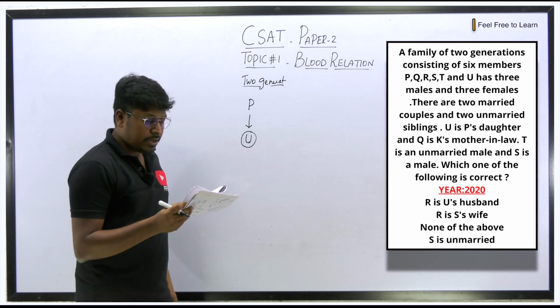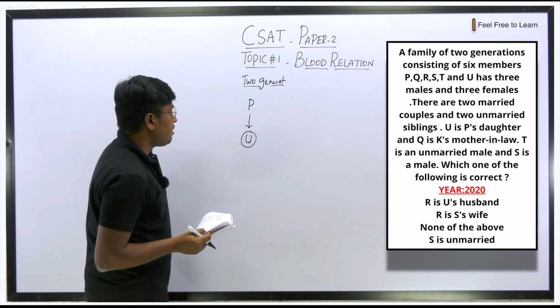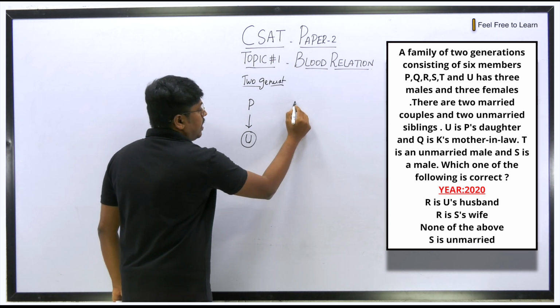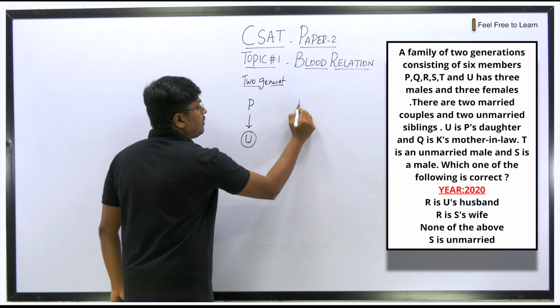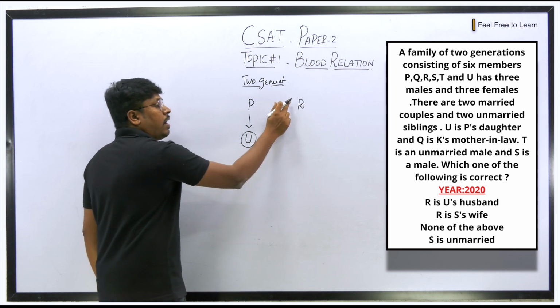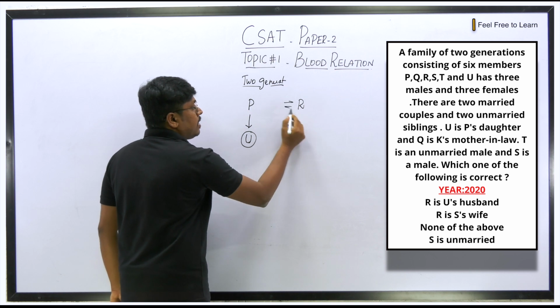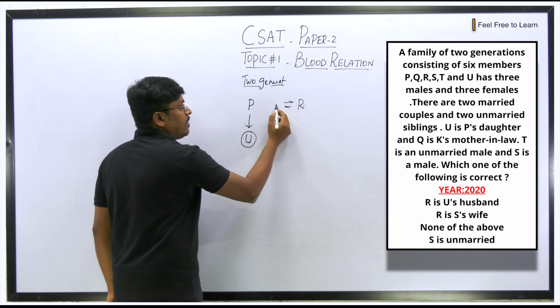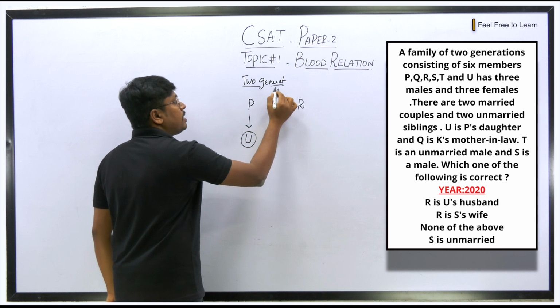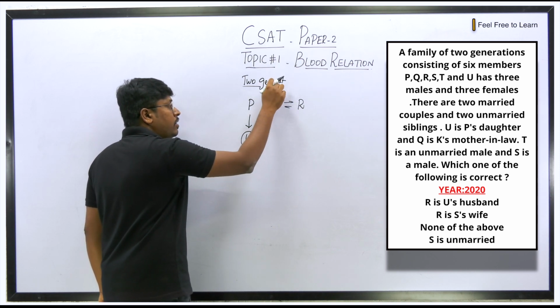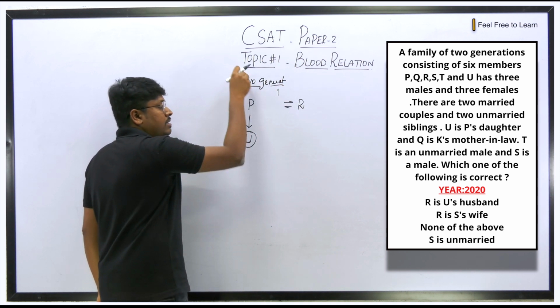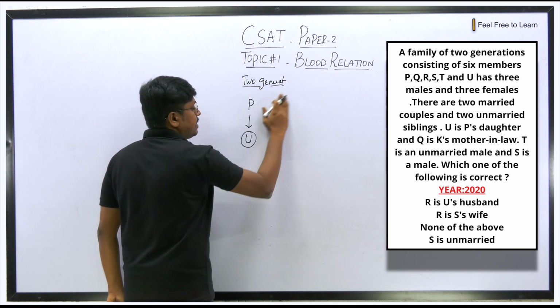So second point, Q is R's mother-in-law. Here I can't draw R here. Why? Because if I fix R here, R is calling Q mother-in-law. So definitely R should get married to someone, and this person's mother should be Q. But if I draw Q here, it is going to 3 generations. So R should not be placed here.